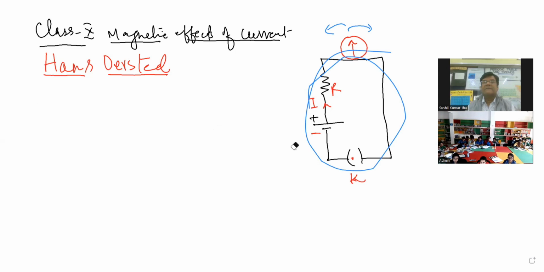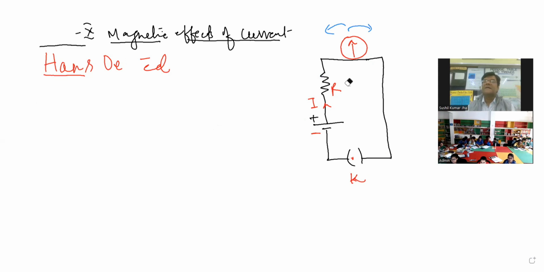If the key is off, then there is no current, and in that situation there is no such deflection, which signifies that there must be current in the circuit. Only then is such deflection observed. This phenomenon of deflection of a magnetic compass near an electric circuit is called magnetic effect of current.